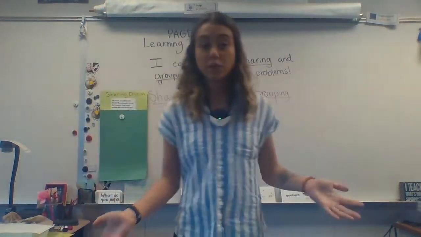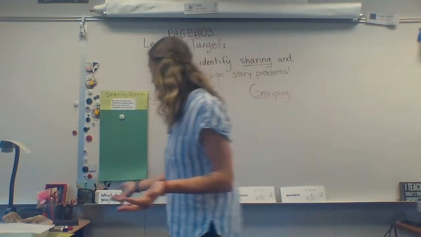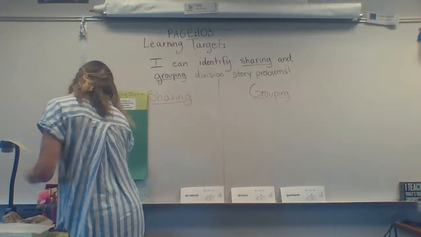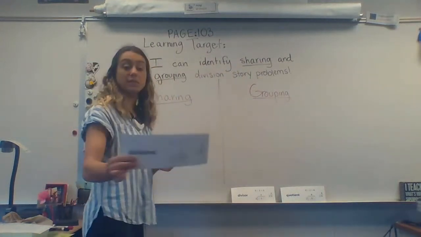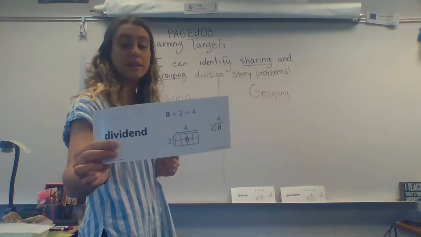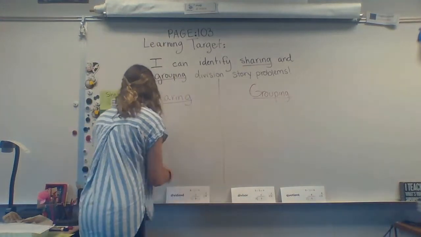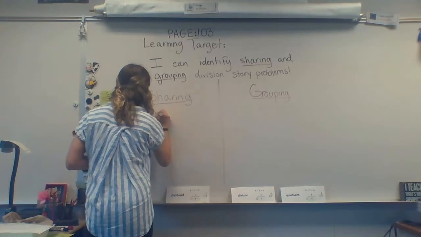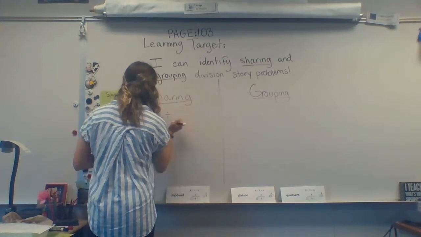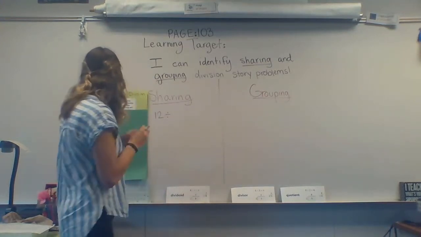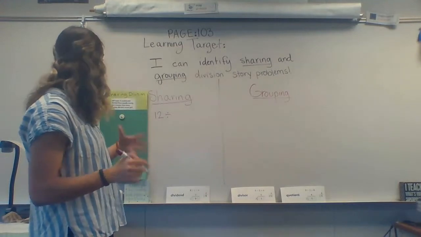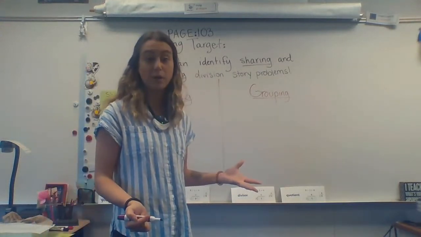So we start with Jeff made 12 cookies. 12 is our dividend, the number that we are dividing. So 12 cookies. And then we know that we're sharing them or dividing them equally among 4 cousins.